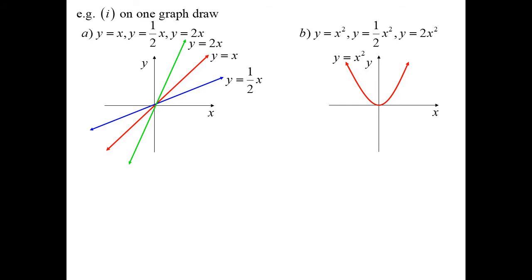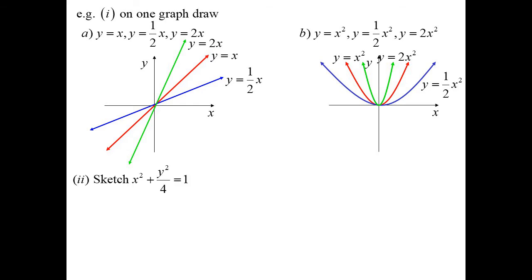So that would be y divided by a half. So therefore we're pushing our parabola down. So we should get something that's underneath the original parabola. Okay. Whereas y equals 2x squared, think of that as y divided by 2 equals x squared. So now we'd be pulling the parabola up. There we go. Y equals 2x squared.